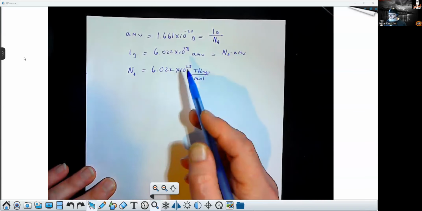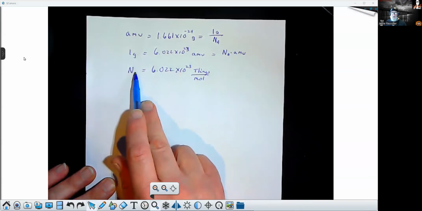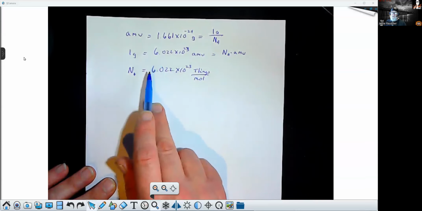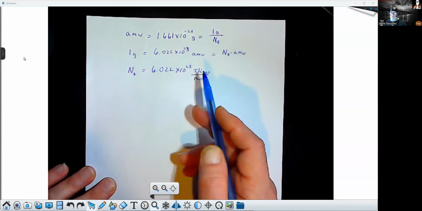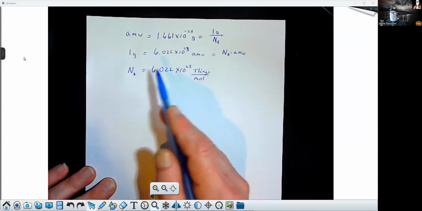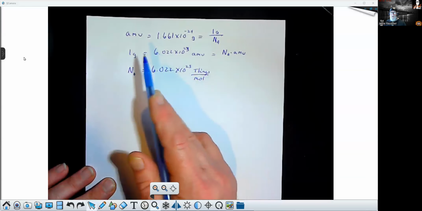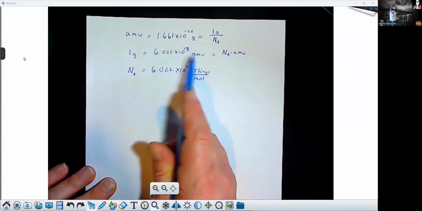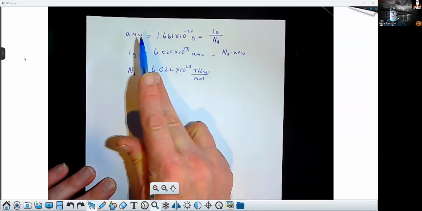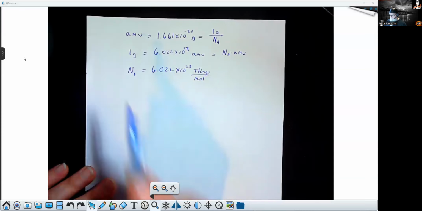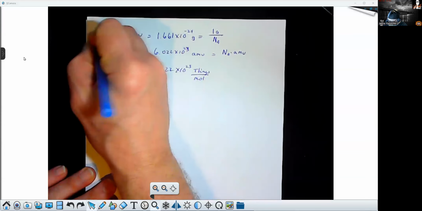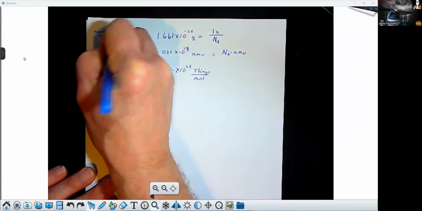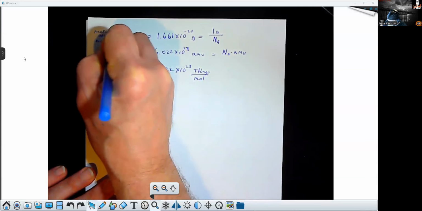All right. So again, Avogadro's number is just a number, kind of like a dozen. You can have a dozen eggs, a dozen cars, a dozen whatever, right? That's just things per dozen. And so a gram is 6.022 times 10 to the 23rd AMU. And AMU is a very small unit of mass. Generally we use AMU to measure atoms or molecules, right?